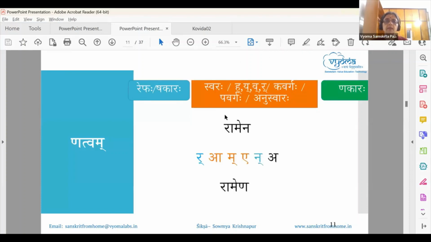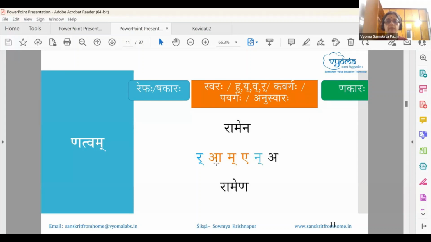If there are intervening letters, generally the nakara will not change, but there are exceptions. When there is a swara, ha, ya, vara, kavarga, pavarga or anuswara, only in those cases, despite these intervening letters between the repa and nakara, the natva will happen.